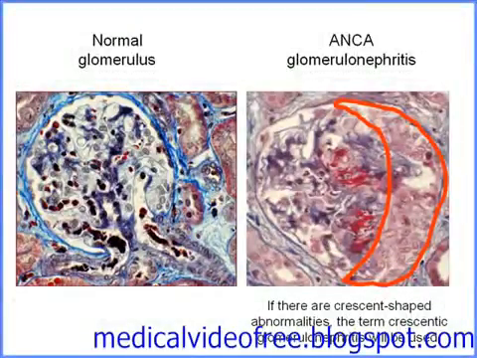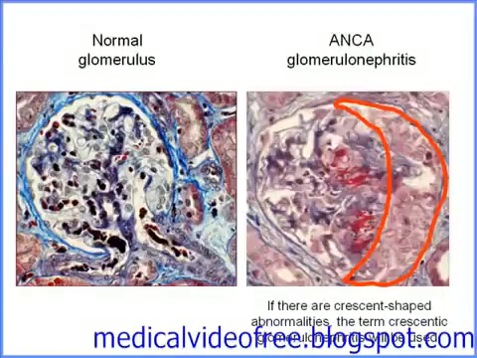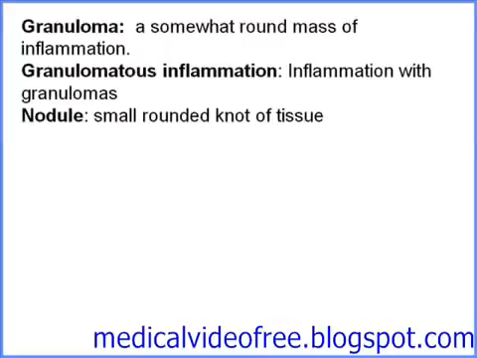It's just an indication that there is this accumulation of cells that's seen by the pathologist in the biopsy that's shaped like a crescent, which is in the diagram there with the red line. And it indicates that there's active inflammatory injury to the glomerular capillaries.